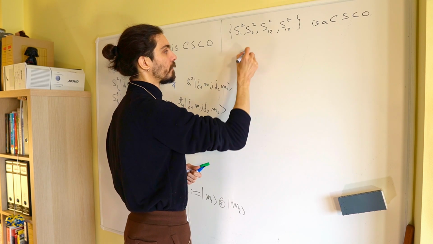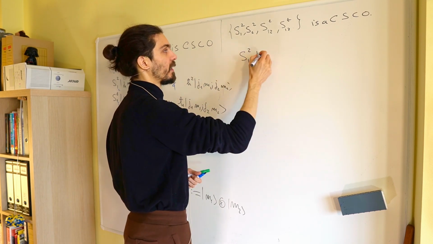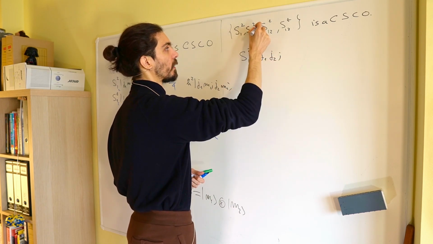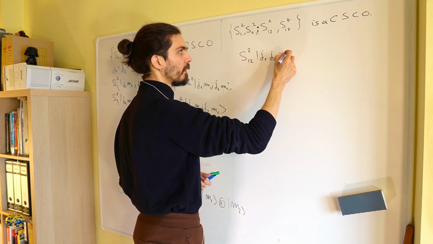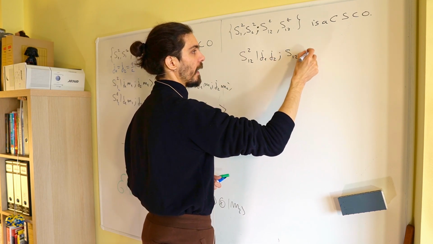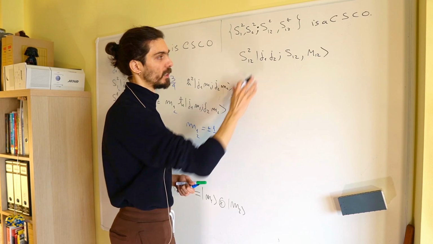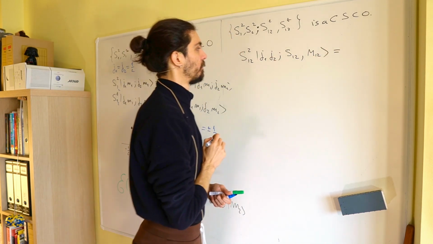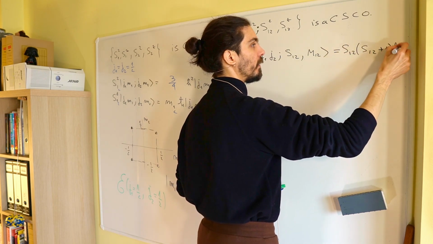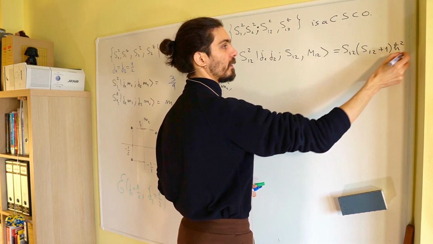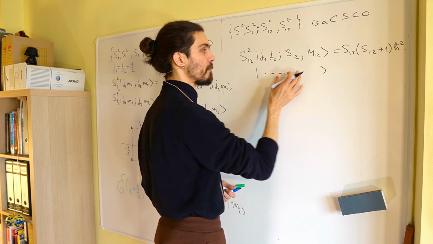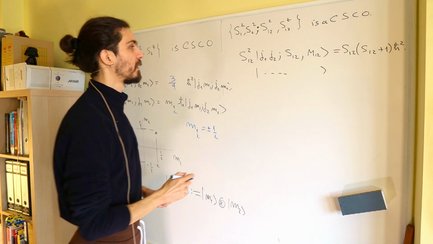So S12 squared, when it acts on the ket J1, J2, and then you find here S12 and M12, is going to give us S12 times S12 plus 1 h bar squared times this state again. So the same thing. This times that. Everything is fine.